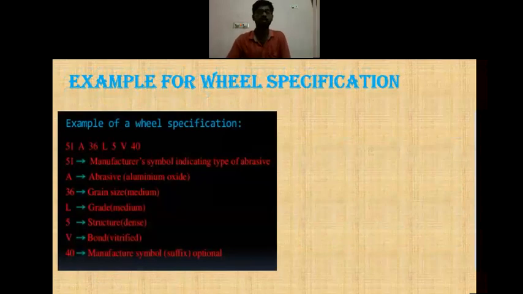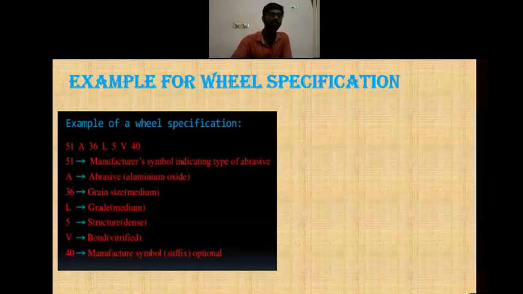For example, here is one specification of a grinding wheel, that is 51A36L5V40. The first, 51, will be the manufacturer's optional symbol indicating the type of abrasive or anything else.